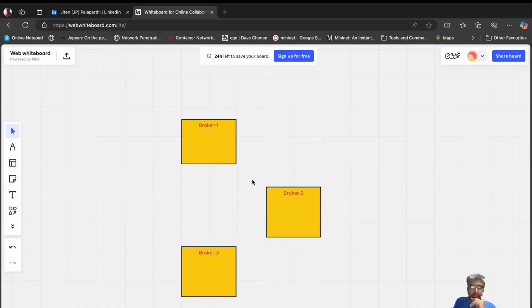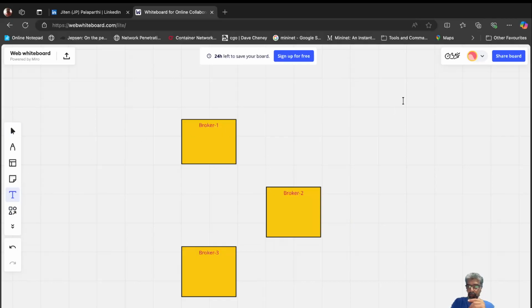For example, if you go for a 4 node cluster, 4 by 2 is 2, plus 1 gives 3. And for 5 nodes, 5 by 2 is 2, plus 1 gives 3.